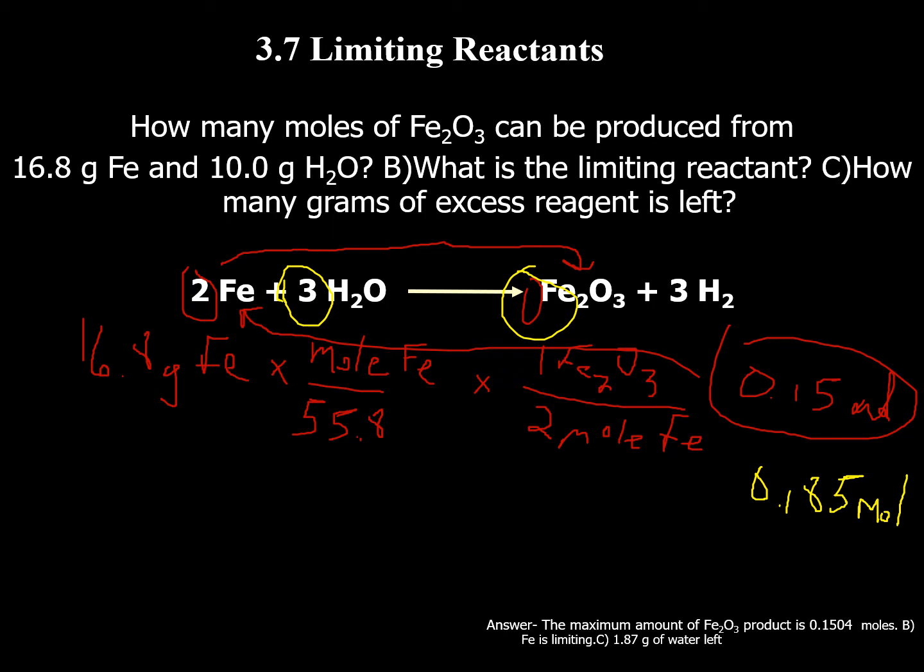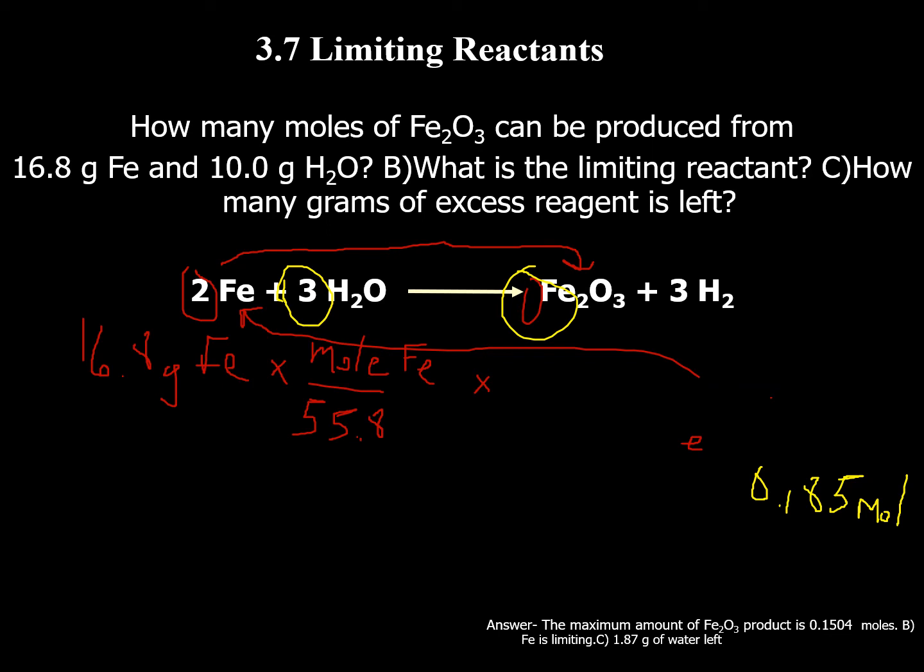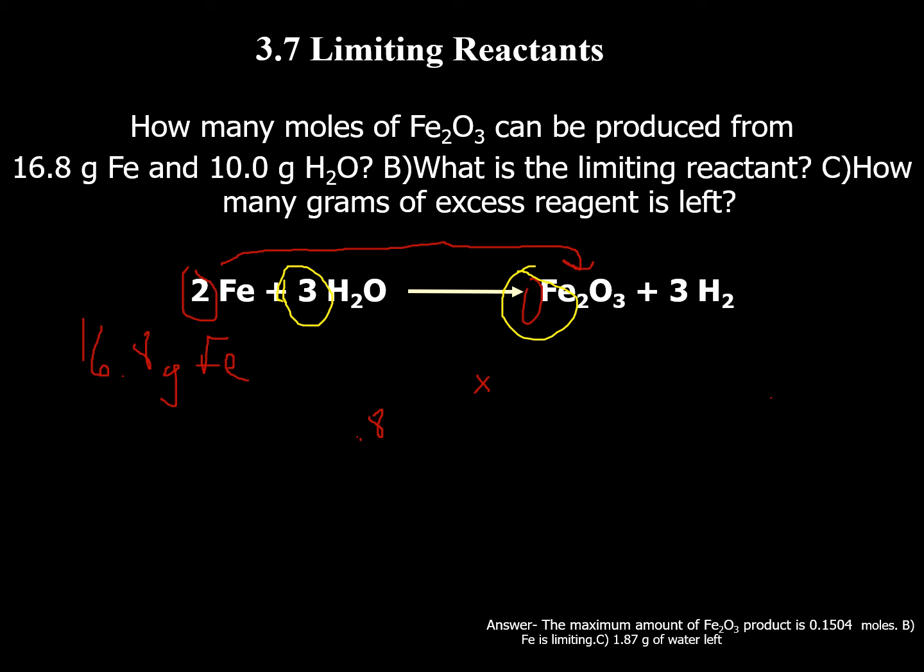So if we have 0.15 moles of Fe2O3 from the previous question, we need to figure out how much water is used up to make 0.15 moles of Fe2O3.